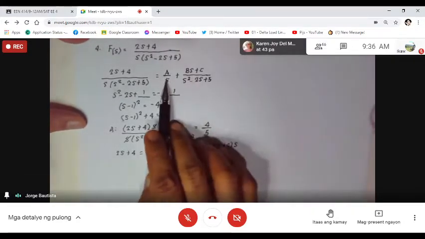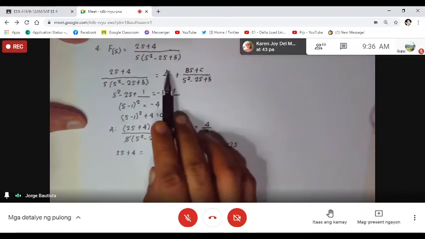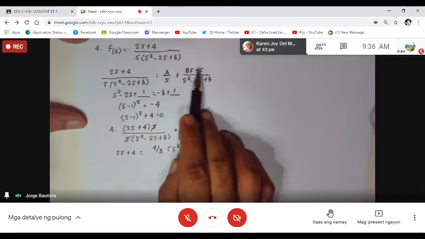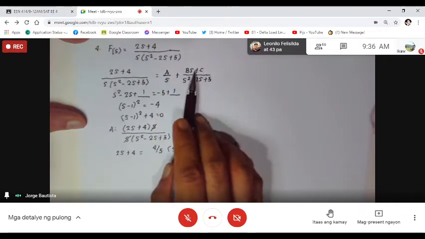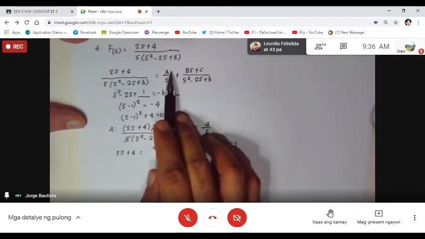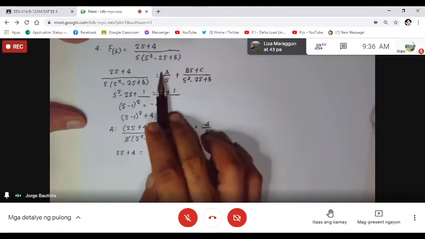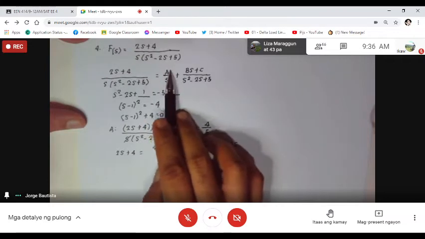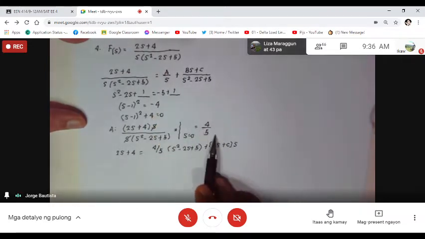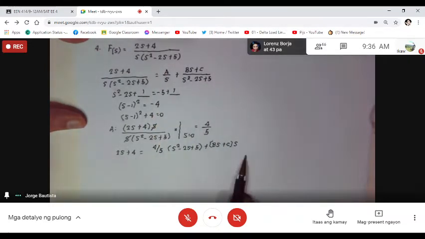It's like we cross-multiplied because we want to determine the common denominator. A we have already determined as the residue, that's 4 over 5.